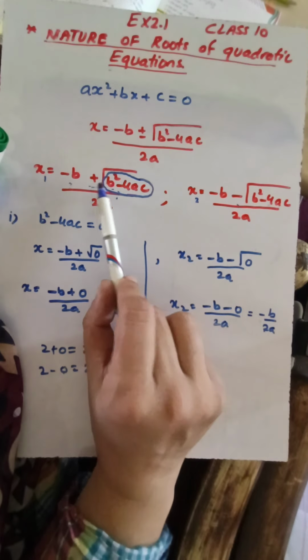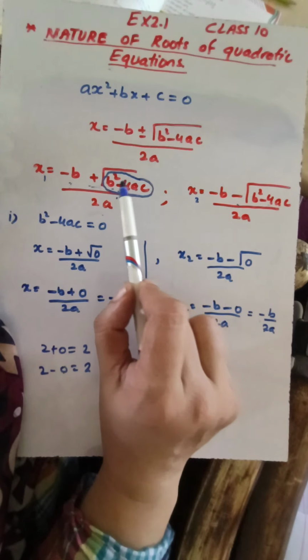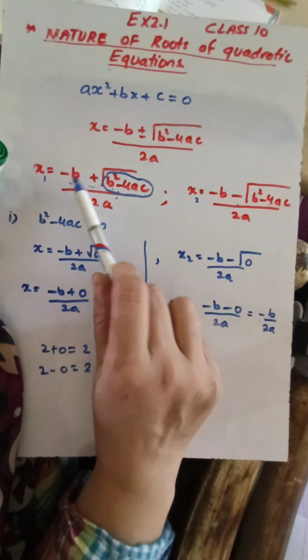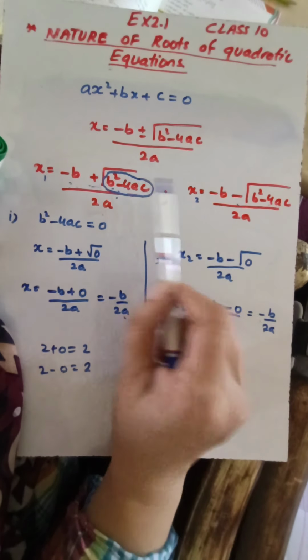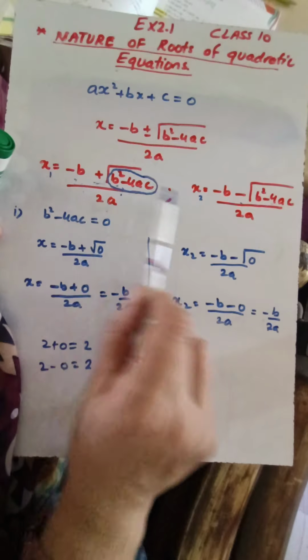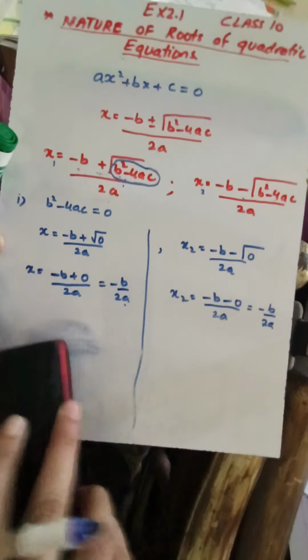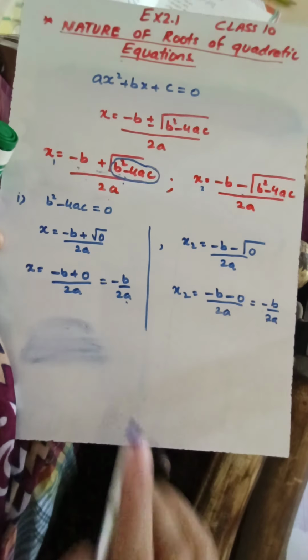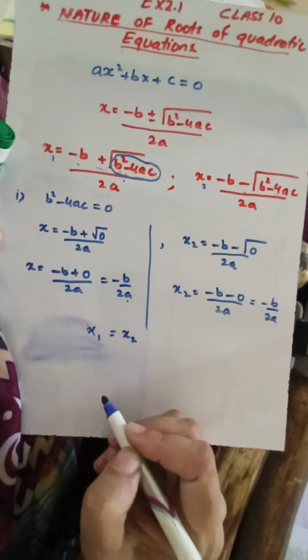So it means that if the number which is making the difference becomes equal to 0, then whether it is added to negative b or subtracted from negative b, the answer will remain the same, and therefore both the roots are going to be equal. So in this case, both the roots x1 and x2 will have the same value.